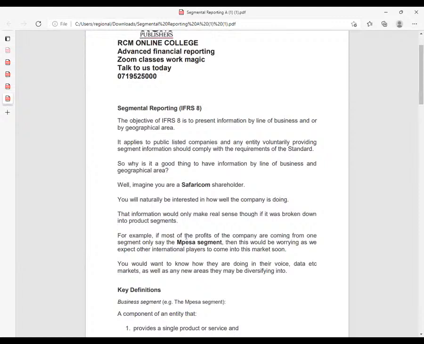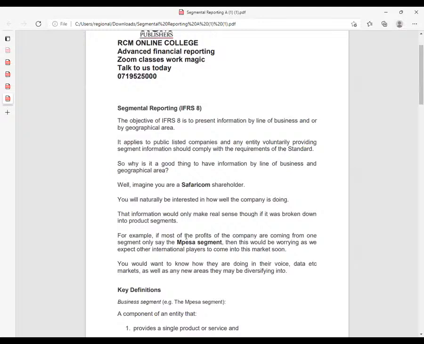For example, if most of the profits of the company are coming from one segment only, say the M-Pesa segment, then this would be worrying as we expect other international players to come into this market soon. You would want to know how they are doing in their voice, data, etc. markets, as well as any new areas they may be diversifying into.